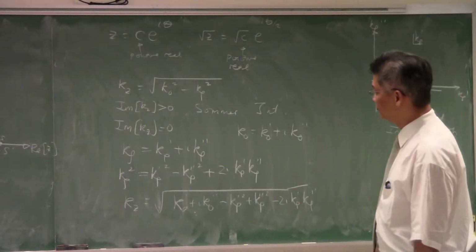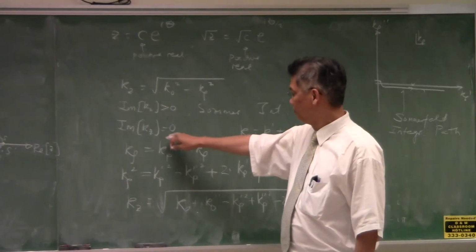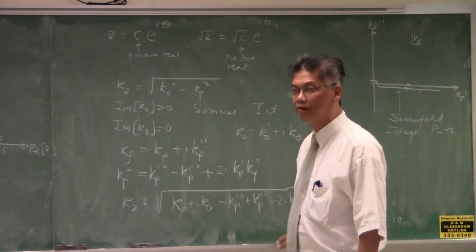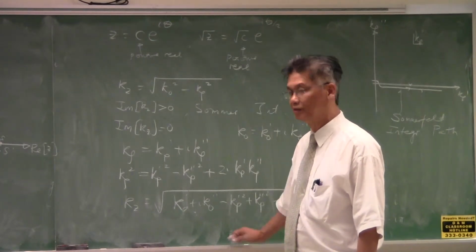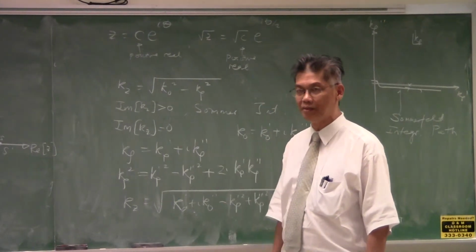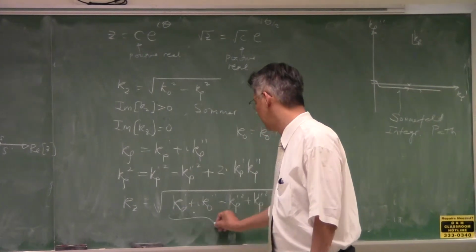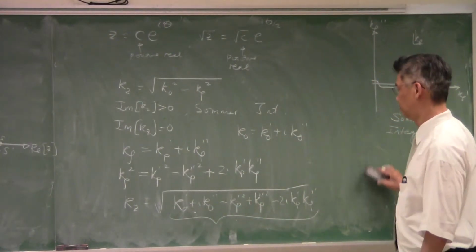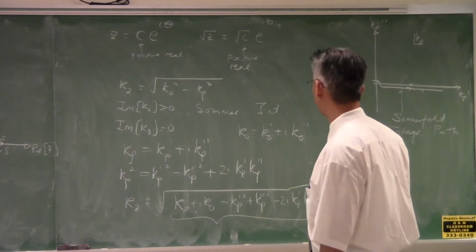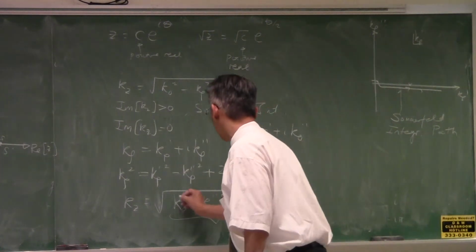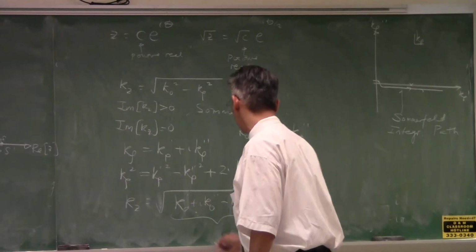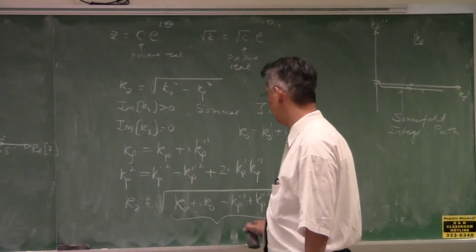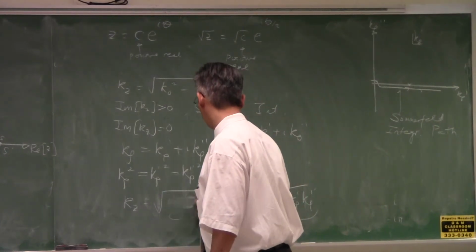So in order to find out where imaginary kz is 0, we want this argument here to be completely real, so that when we take a square root, it doesn't have any imaginary part. So how can we ensure that this is completely real? That should be k0 prime plus i k0 double prime, whole squared. Oh, squared. You are right, so this should be squared.